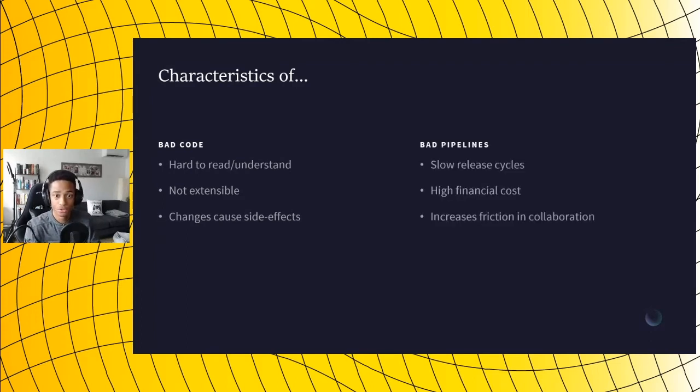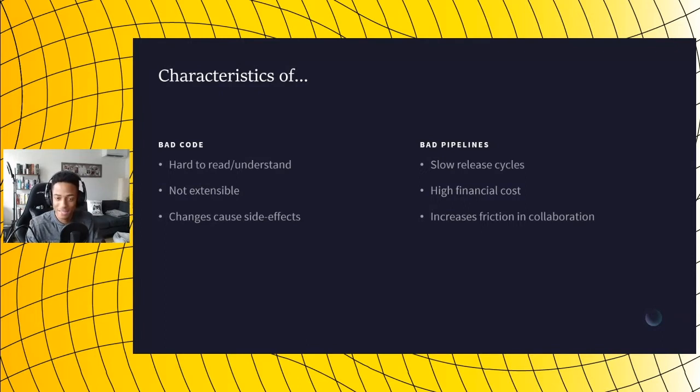Now, jumping over to bad CI/CD pipelines, the characteristics of a bad pipeline would be slow release cycles. Another one is high financial cost, meaning it's expensive to run builds or deploy things. And last but not least, it increases the friction in collaboration. What I mean by that is, we talk about the CI part, the continuous integration.